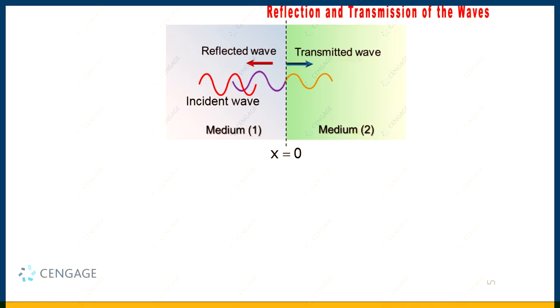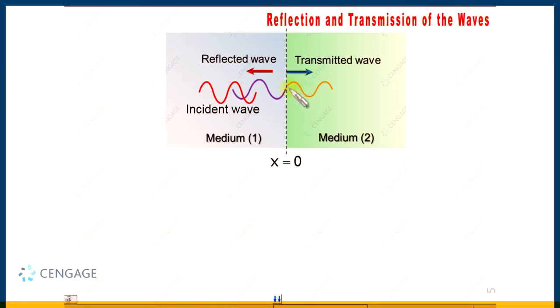That means, if we consider the displacement of any particle situated on the boundary, suppose point P here, and we are interested to calculate the displacement of point P, we can calculate it either from the property of medium 1 or the property of medium 2.